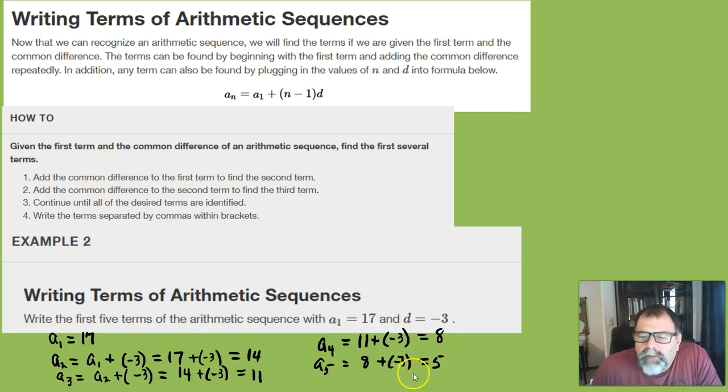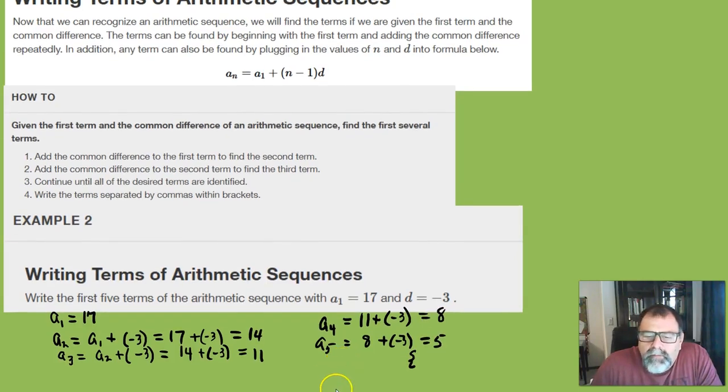So our first 5 terms of the sequence: we start with 17, and technically you don't even have to show all that work. It's just 17 plus negative 3 is 14, plus negative 3 is 11, plus negative 3 is 8, plus negative 3 is 5, and so on. And that's it.